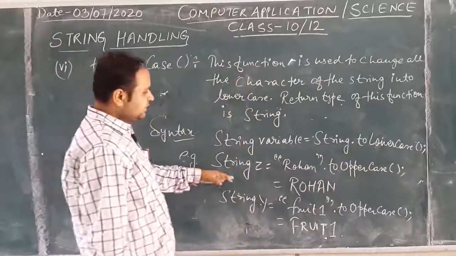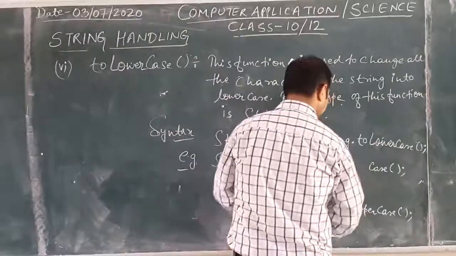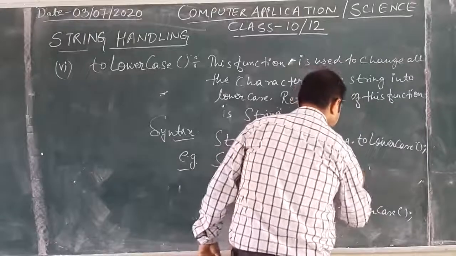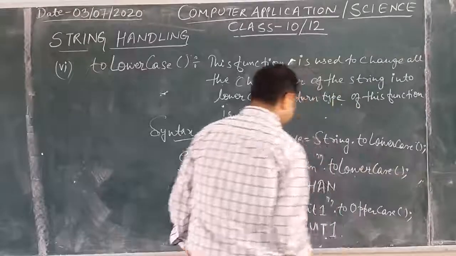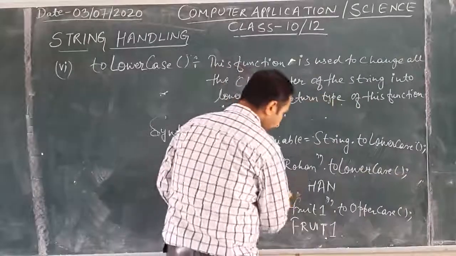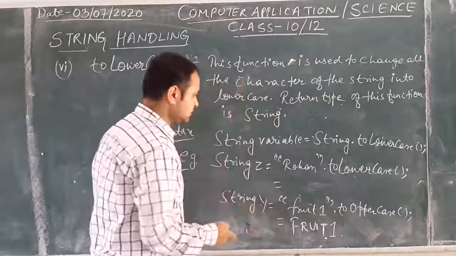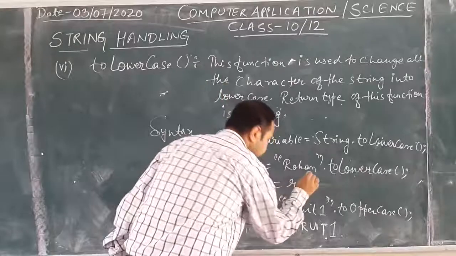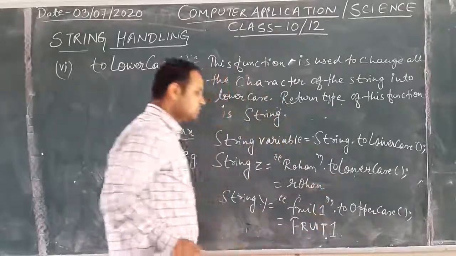For example, string z is equal to Rohan dot toLowerCase. So what will happen here, only the letter which is not in lowercase will be changed. As you can see, R is not in lowercase, so only that will be changed into small r, and the rest will remain as it is, so it will become rohan in small.